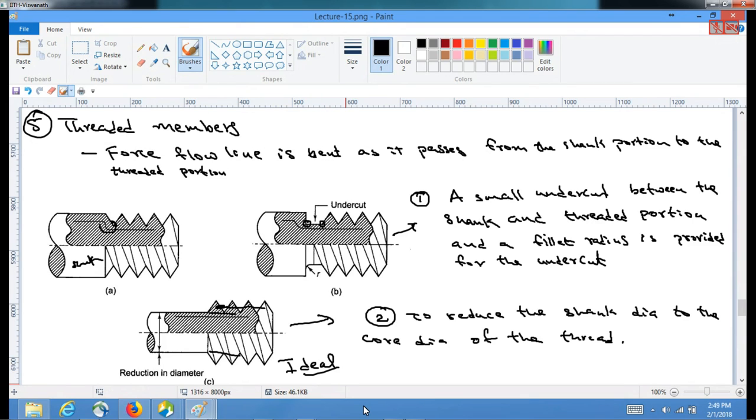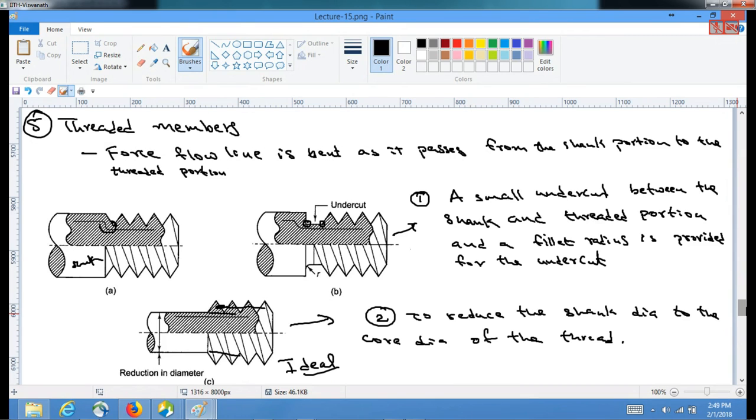Okay, so these are the different examples of members where you see stress concentrations and how you can mitigate them by taking small manufacturing considerations like providing fillet radius or rounding the corners or removing the material in such a manner that it results in gradual stress flow.